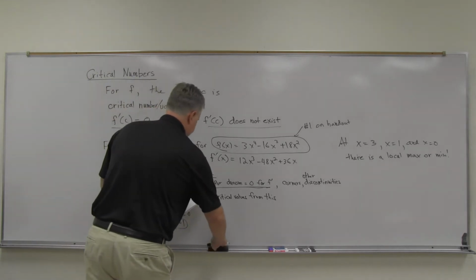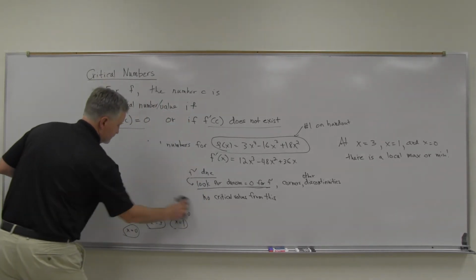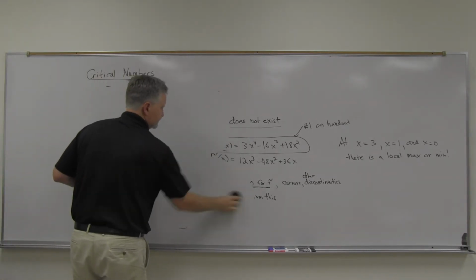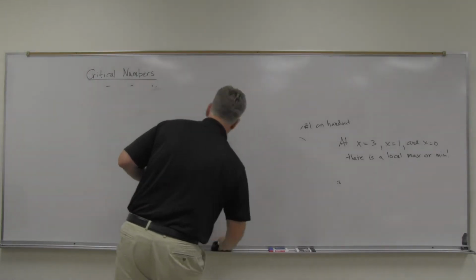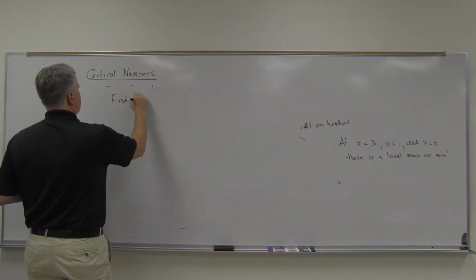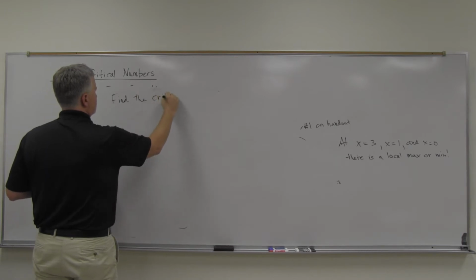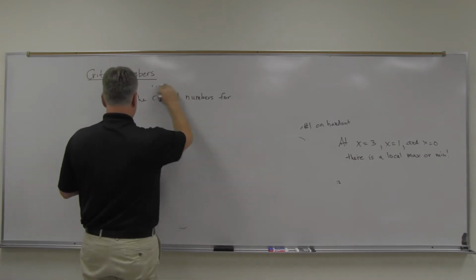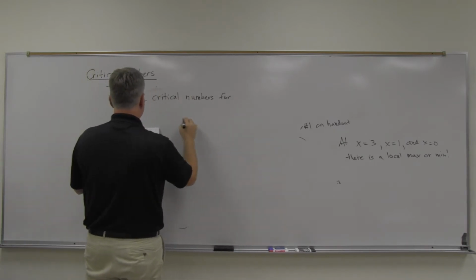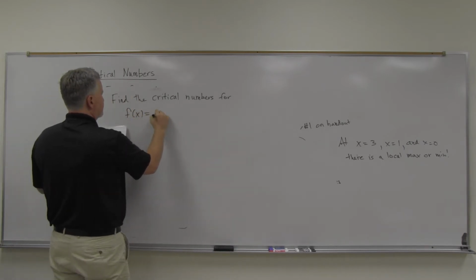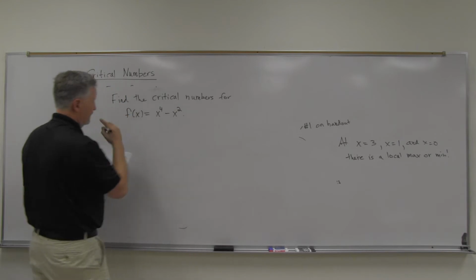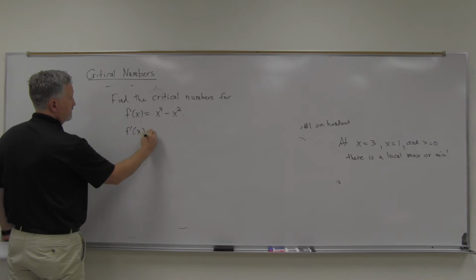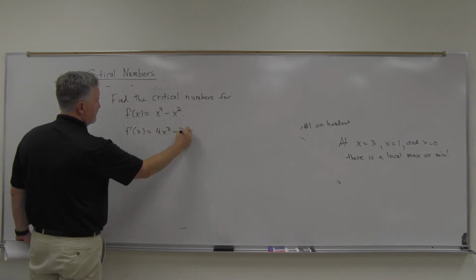How about critical numbers for this one? f of x equals x to the 4th minus x squared. All right, well, critical numbers need the derivative, so that would be 4x cubed minus 2x.